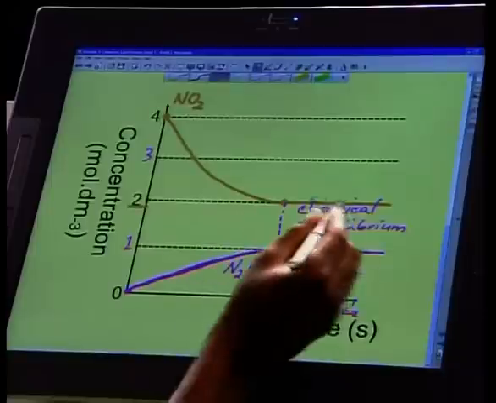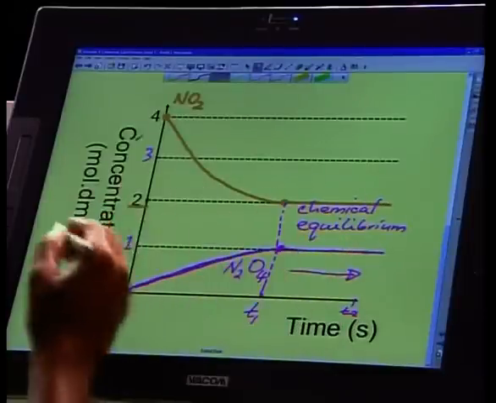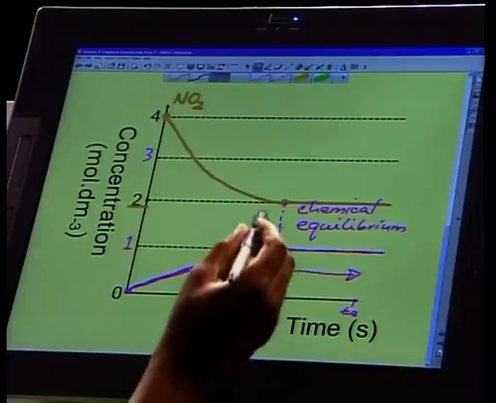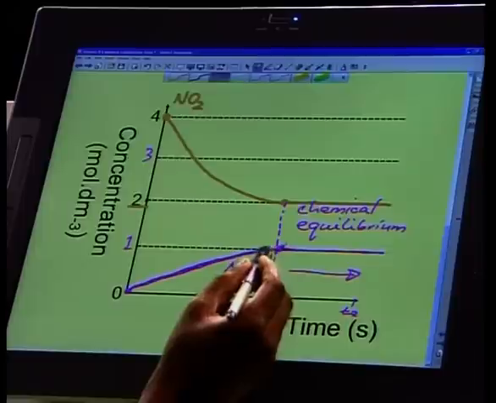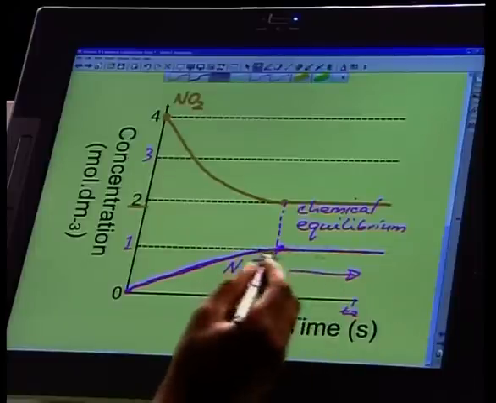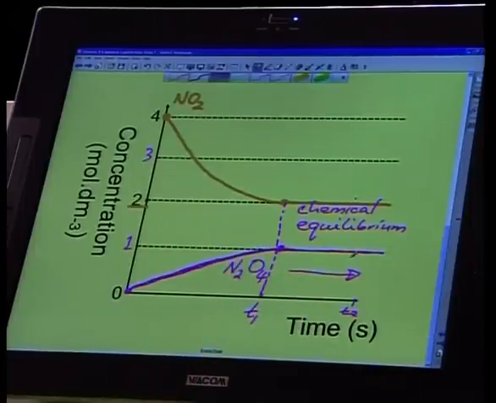But with this one, you will see that the horizontal lines are not at the same level, because this is a graph of concentration versus time. Therefore, we'll have a certain concentration of NO2 at equilibrium, and another concentration of N2O4 at equilibrium. They won't necessarily be the same.